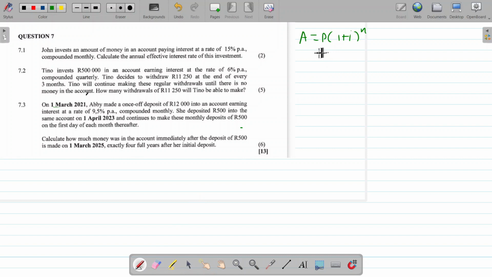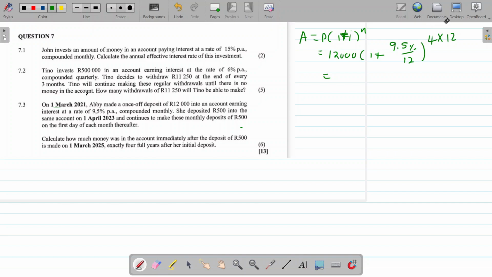So I'm going to substitute: 12,000, 1 plus 9.5% monthly, and it's running for 4 full years, because that's her initial payment of 12,000. It ran for 4 full years, and it was not an annuity, it was just a once-off payment. So I hit that on the calculator.